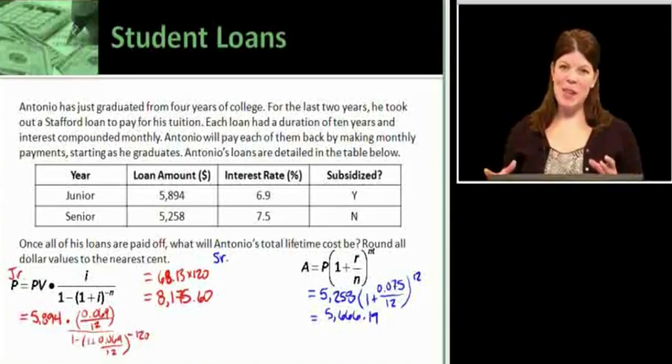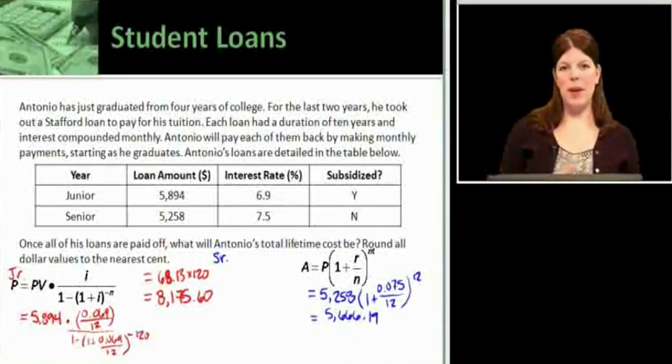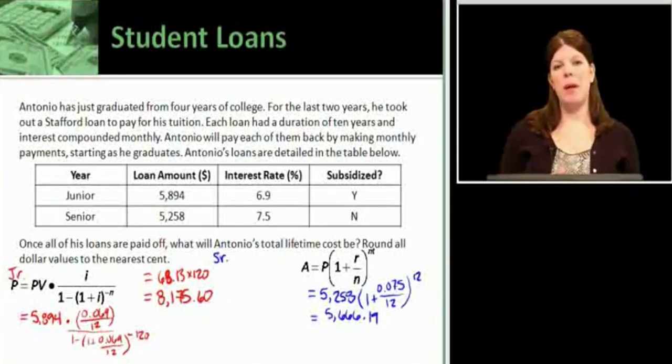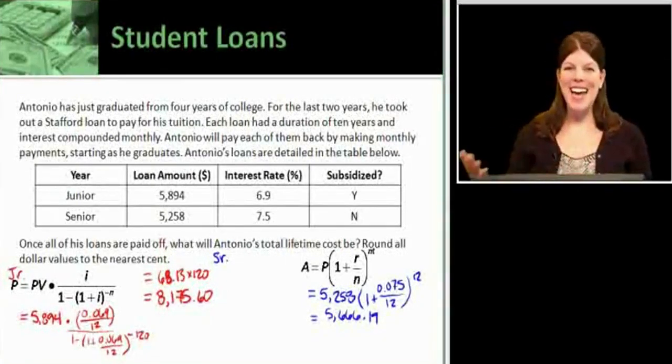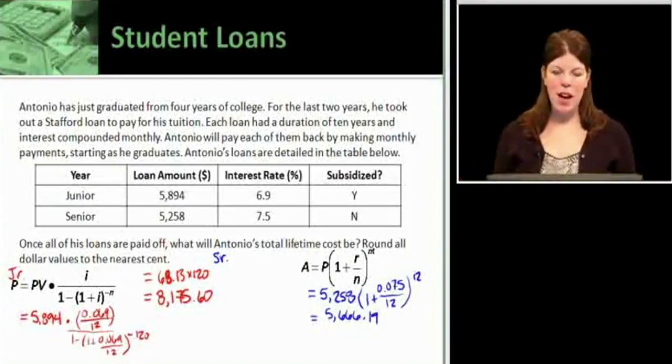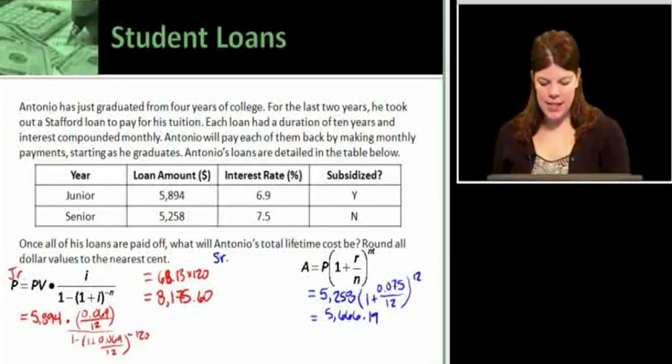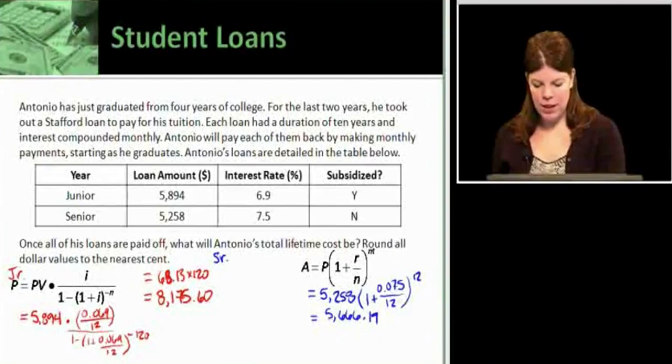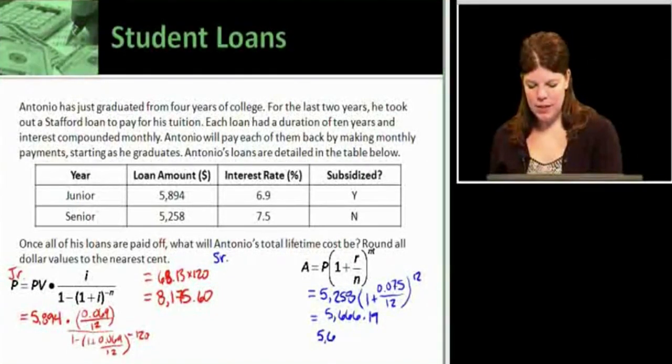So now we take this amount and go back into the payment formula and figure out how much his payments will be for the 10 years once he graduates college. I substitute that into the formula and put it right here.